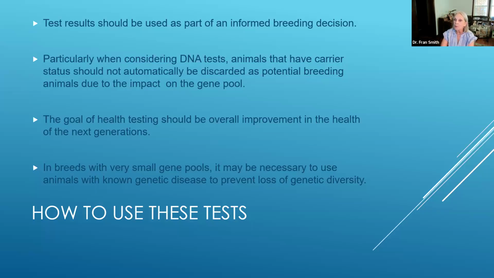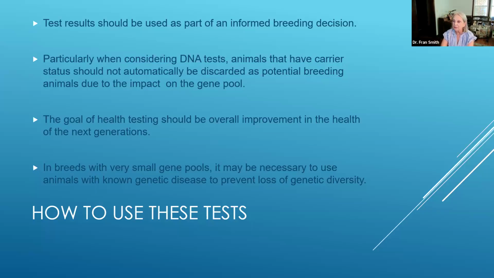When we come to DNA tests, which are genotypic tests, animals that are carriers should not be automatically discarded because that can have significant impact on the gene pool and lead to what we call genetic bottlenecks.